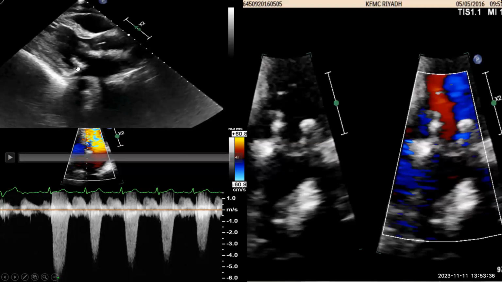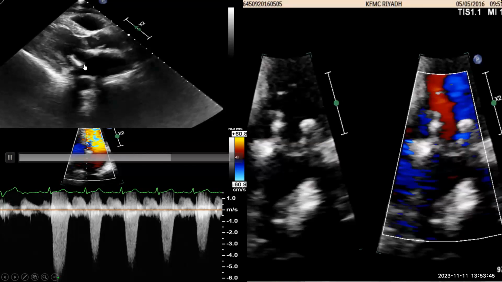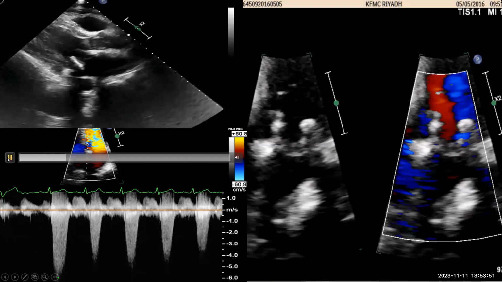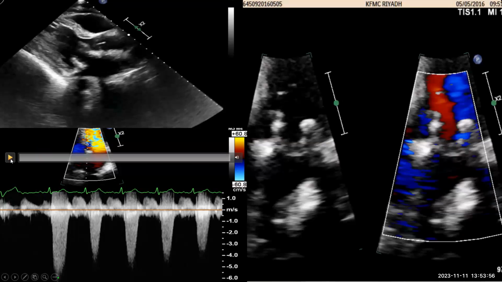Struts of the tissue valve, struts like columns here, and the stents. And we have very thin leaflets like here. So this is bioprosthetic. The same finding we'll have in the aortic valve if you have a bioprosthetic. While in a metallic valve, you have a lot of shadowing and it is difficult to visualize the discs.